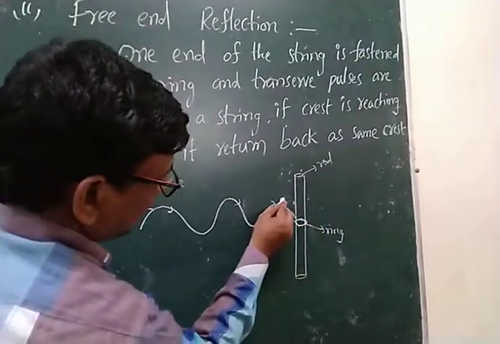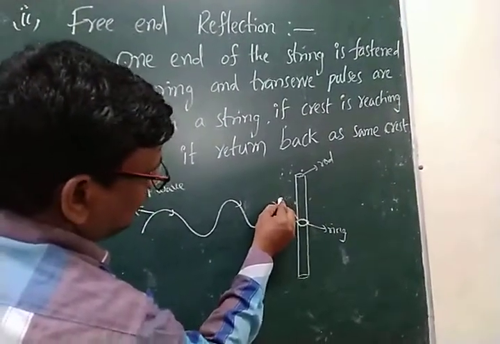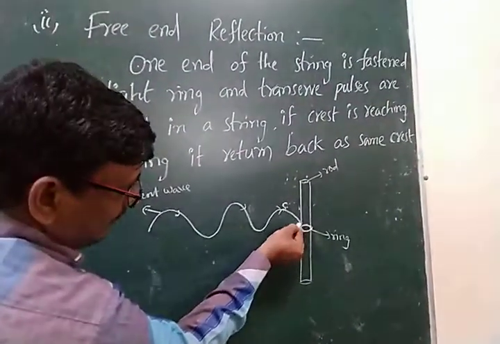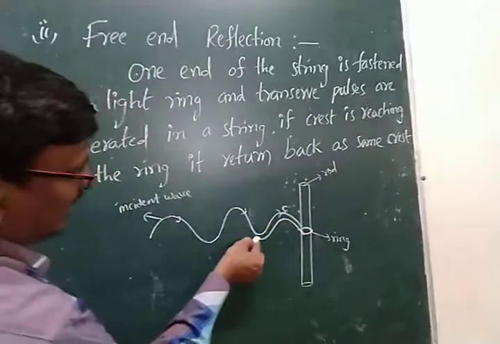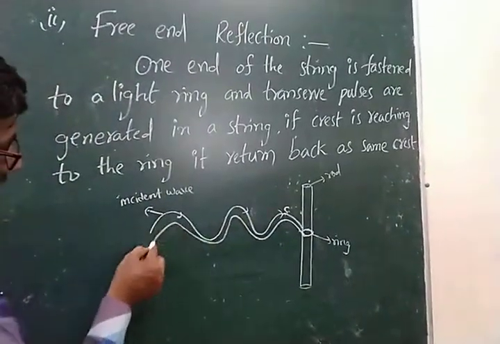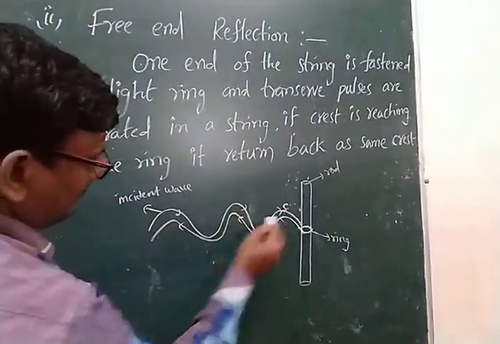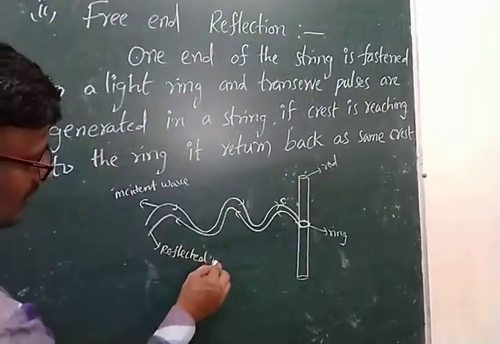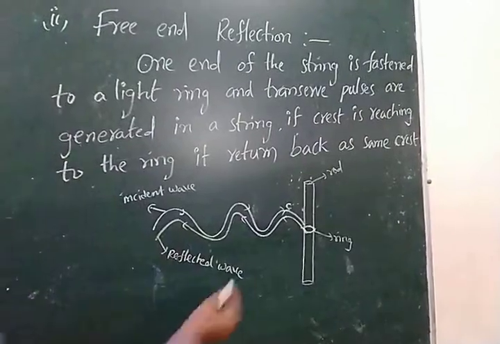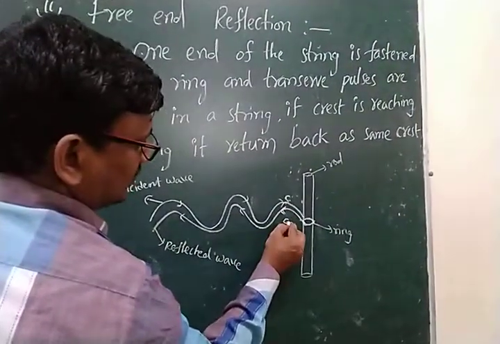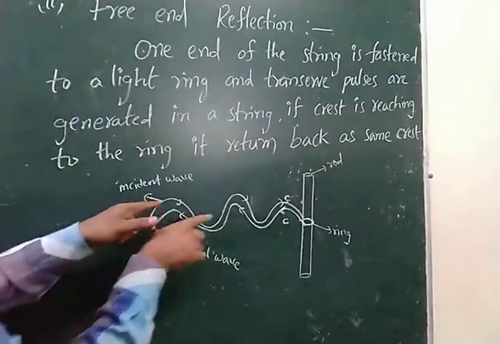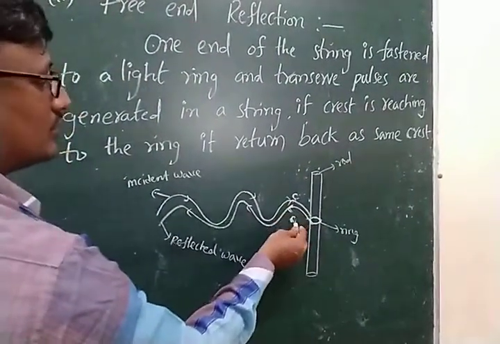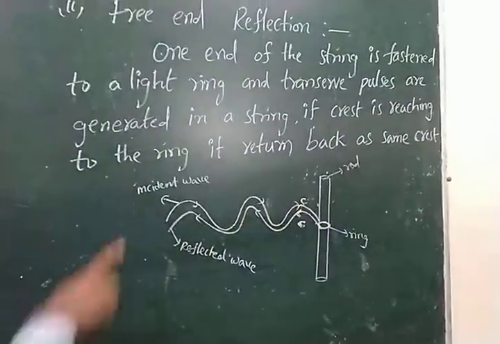The crest reaches the ring end, and the reflected wave is also a crest. This is the reflected wave. Now the incident wave is a crest, and the reflected wave is also in the form of a crest.